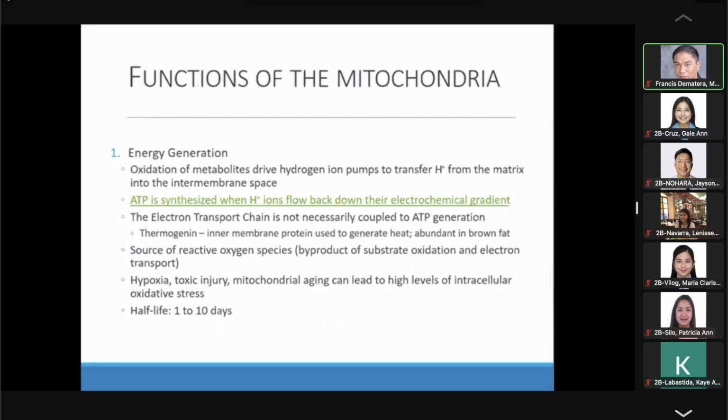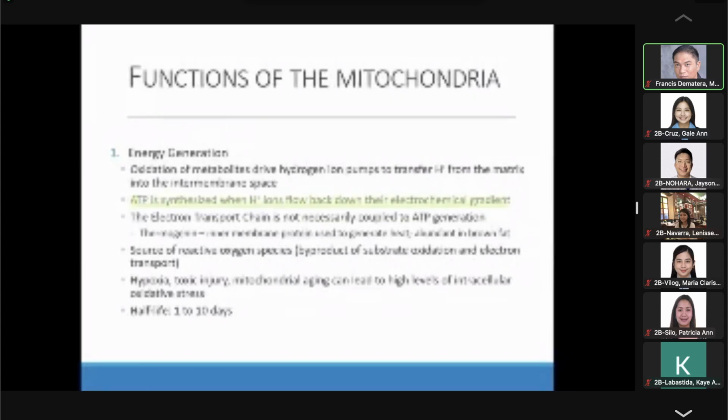As hydrogen ions flow back down their electrochemical gradient, the energy released is used for ATP synthesis. The electron transport chain is not necessarily coupled with ATP generation because it has an inner membrane protein called thermogenin that is used to generate heat. This is seen in brown fat.